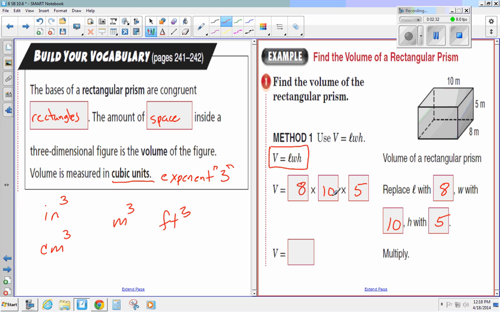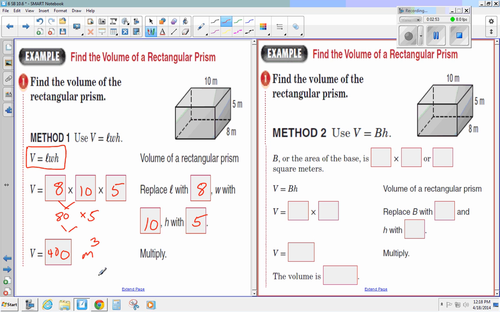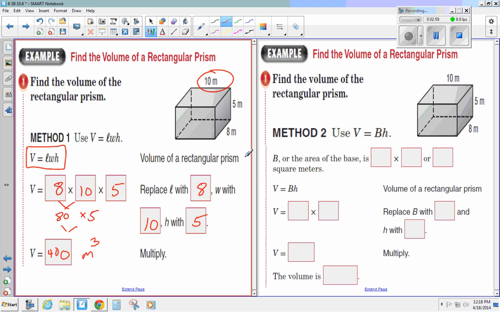That's 80 times 5, and all together, 400. And that's 400 cubic meters. You need to make sure you put the units. Don't forget the units.